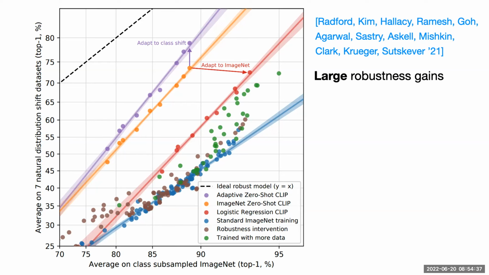A lot has been said about using data augmentation for robustness. What you see is that when you try this, it doesn't really reflect the shifts that you would actually see in the real world.